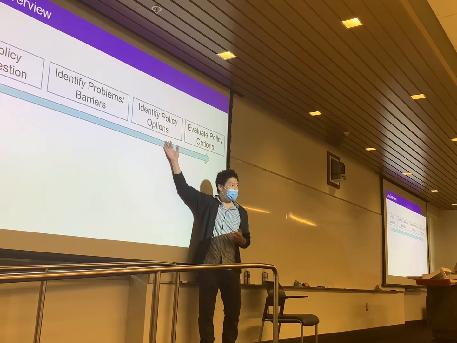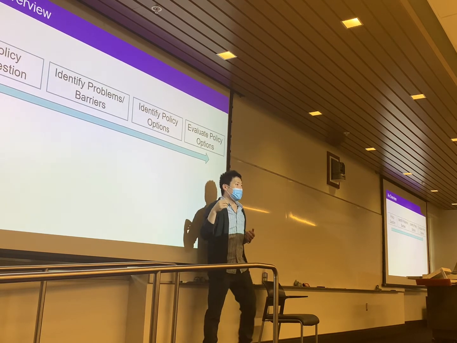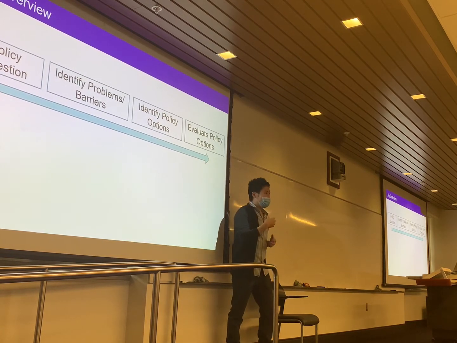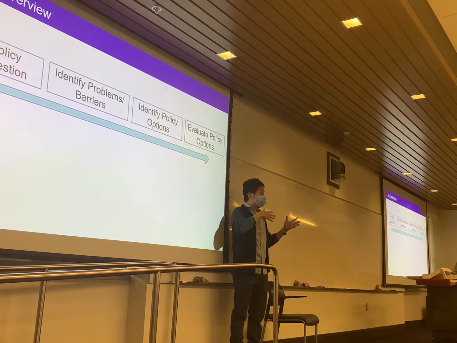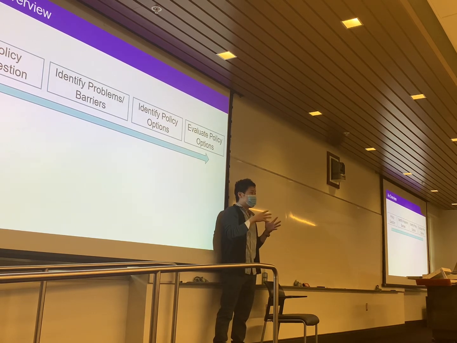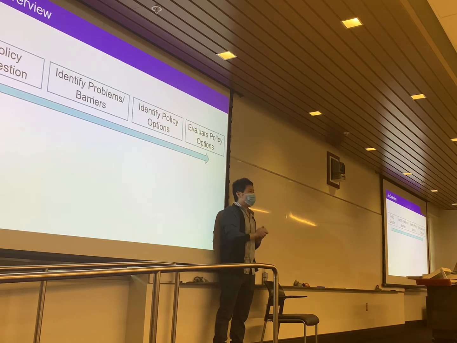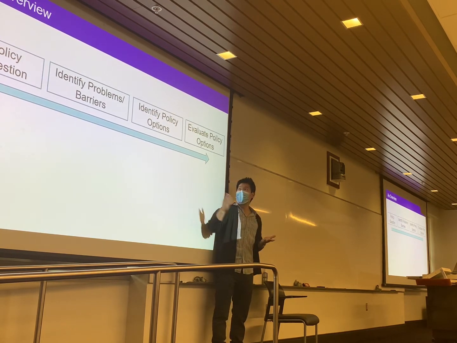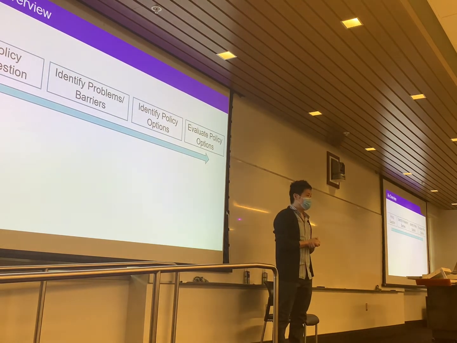And then once you have this list of policy options, you're going to want to evaluate those options. What does evaluating policy mean? Well, there might be multiple criteria along which you want to evaluate a policy, okay?